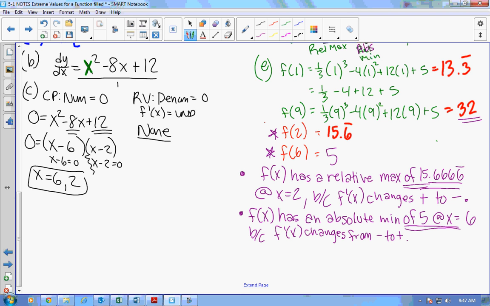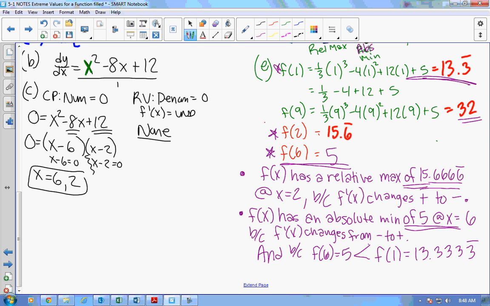How can you say, no, that's not just a relative minimum? f of 6, is that greater or less than f of 1? It's less than. So we need to not just prove that it's a minimum, we need to prove that it's the absolute by saying, and because f of 6 equaling 5 is less than f of 1, which equals 13.3333. We're practicing 4 decimal places.